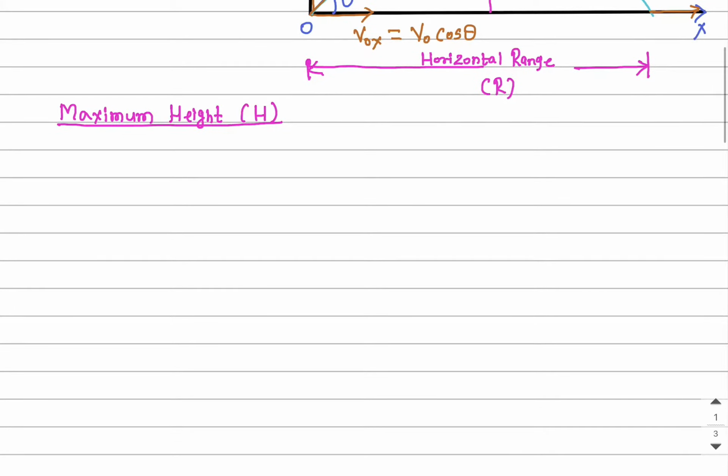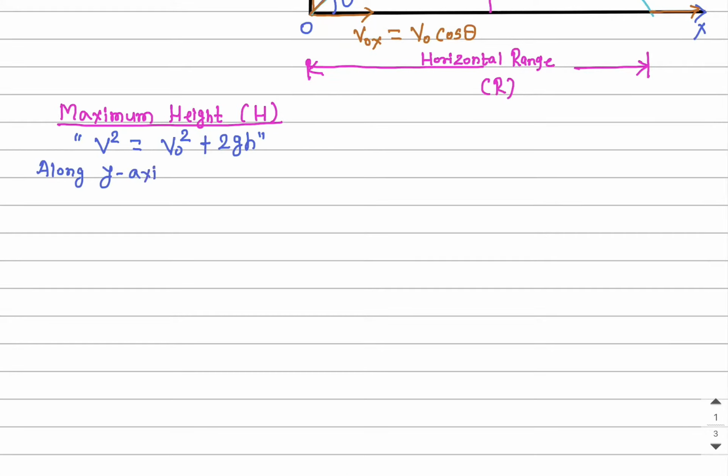We're going to use the kinematic equations. This equation, v squared is v naught squared plus 2gh. So this is a formula here. Now in order to calculate this height, we'll be focusing along the vertical motion or along the y-axis.